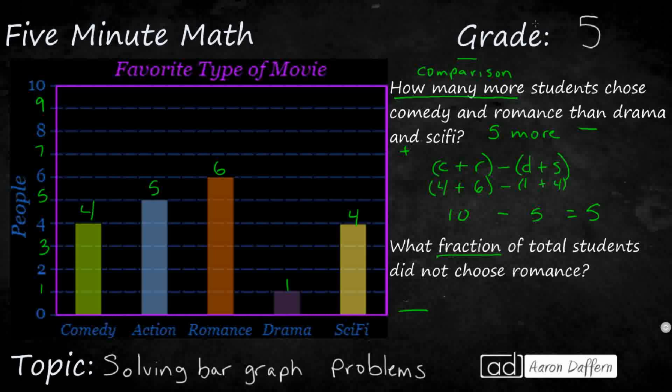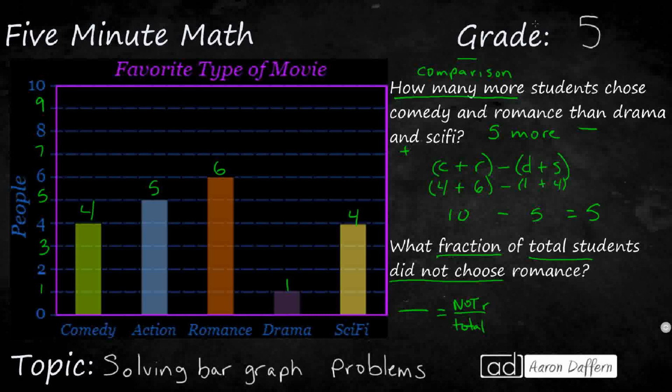What fraction of total students? So they already tell us what we want in our denominator. The students who did not choose romance, I'll put that in capitals here, NOT romance, is going to be our numerator.